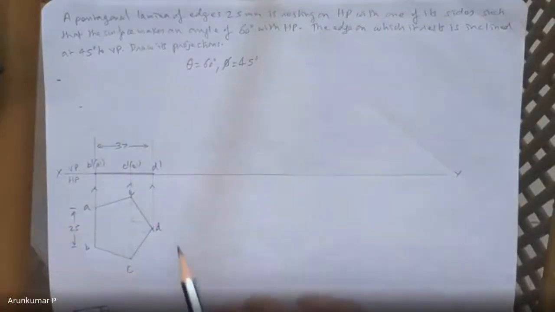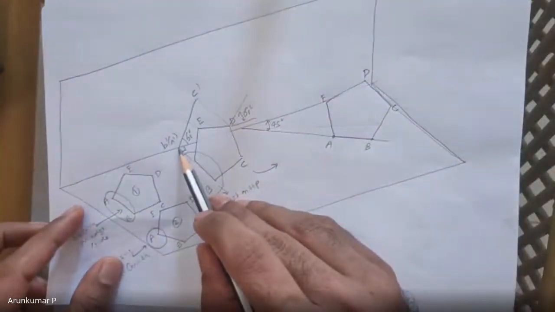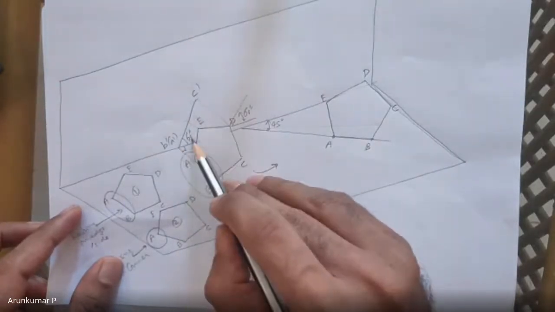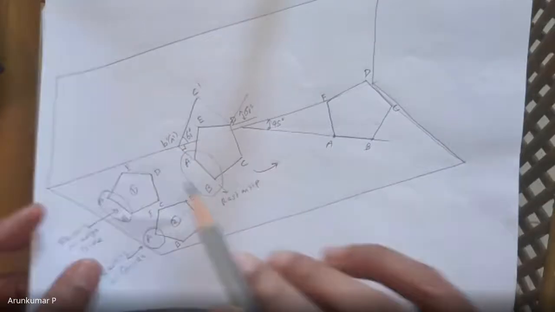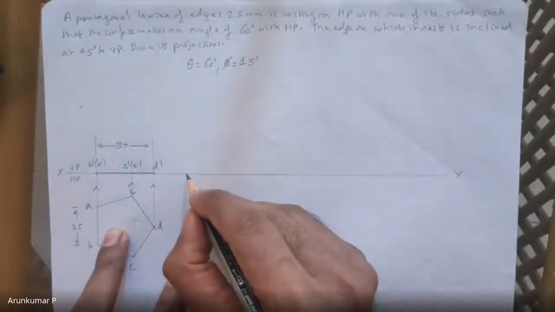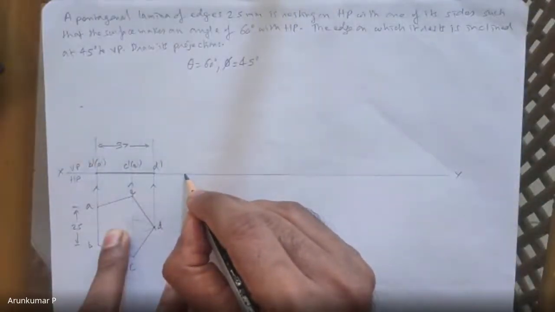What I'll do is second step. As you had seen in 3D, you have to keep AB, that is B dash A dash, on XY line and incline this 37 mm line at 60 degrees. So I'll keep B dash A dash, leave some gap, some 10-15 mm gap.